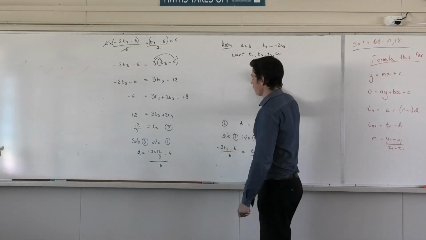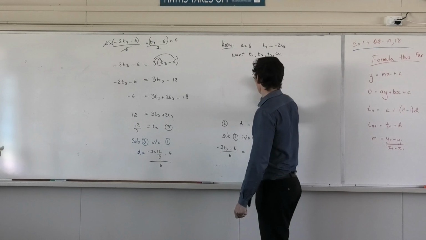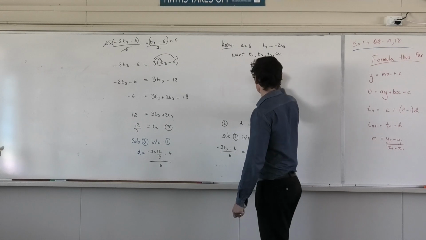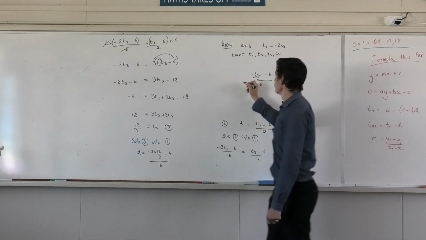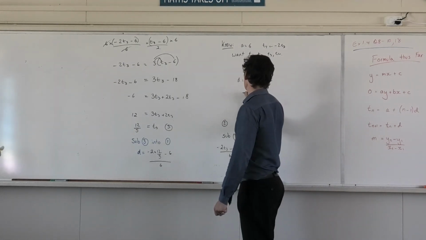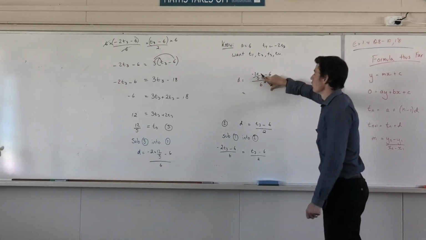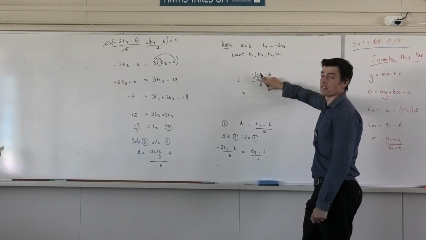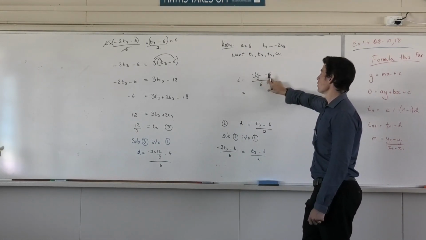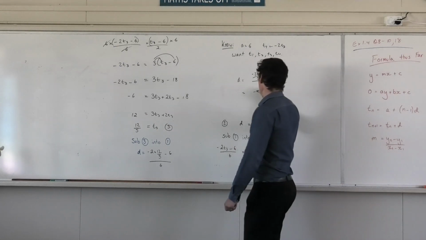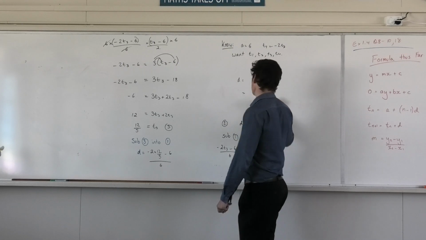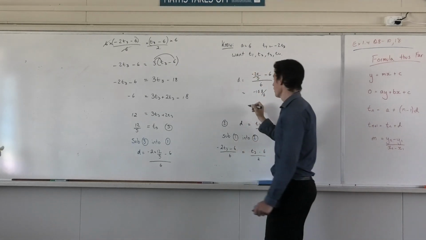So I've got negative 24 over 5 minus 6 over 6, which is negative 4.8 minus 6, so it's negative 10.8, divided by 6. Really, I would use my calculator.